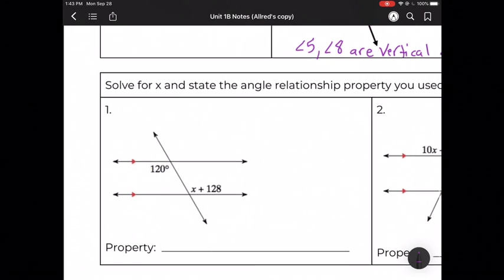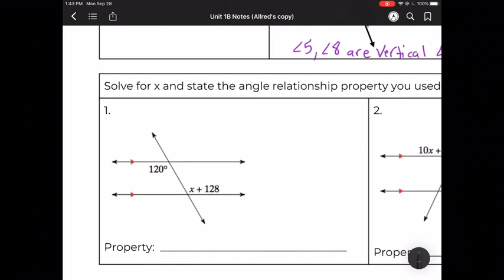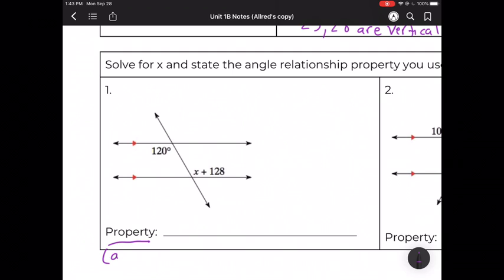And so when we look at our picture, the process I want you to go through solving these problems is to always identify the property, or maybe instead of property, think of it as the angle pair relationship. Okay? And so we're going to identify that before I even set up an equation, because the angle pair relationship will tell me what equation to set up. So the first thing I want you to do is look at these two angle measures for number 1 and realize they are on opposite sides of the transversal.